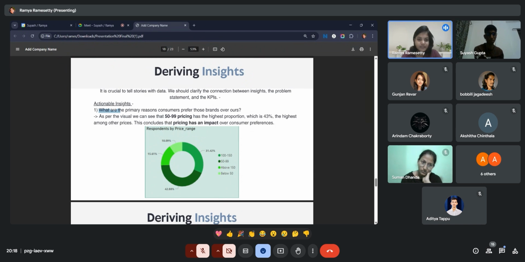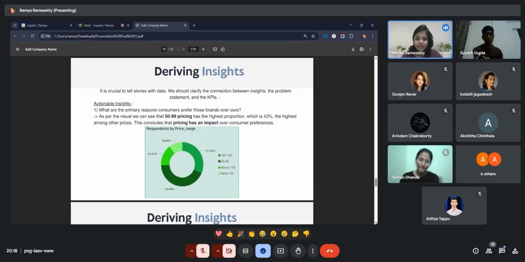What are the primary reasons consumers prefer those brands over ours? If you remember, we have seen this question in the questionnaire PDF, and we have included one factor across others, and it has been one of the top, right, Ramya? Here we have taken the donut chart with the respondents and the price range.